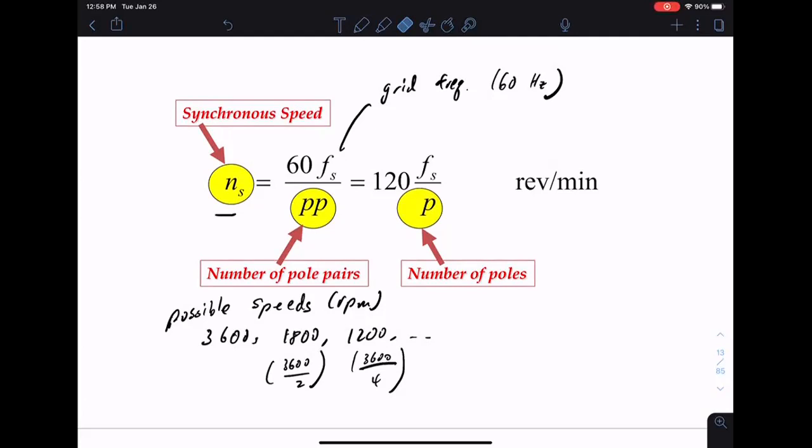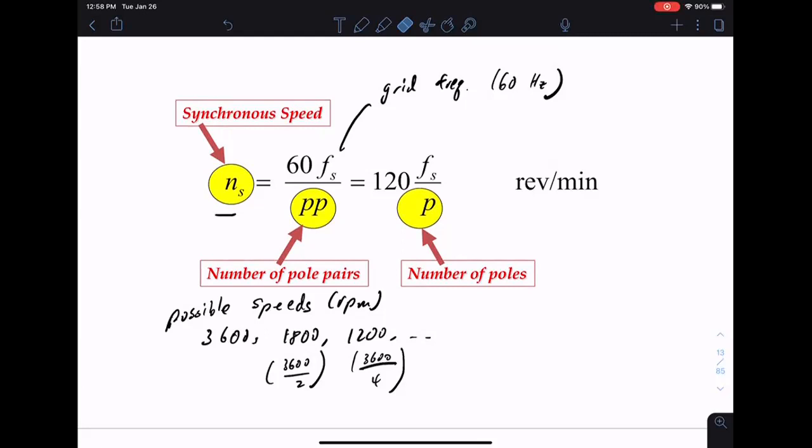So this is also a fixed speed drive. In some sense this is a fixed speed drive because you cannot arbitrarily change your synchronous speed. We're very limited by the synchronous speed we have. This is where, a few decades back, when you designed a motor, you were limited by the synchronous speed.